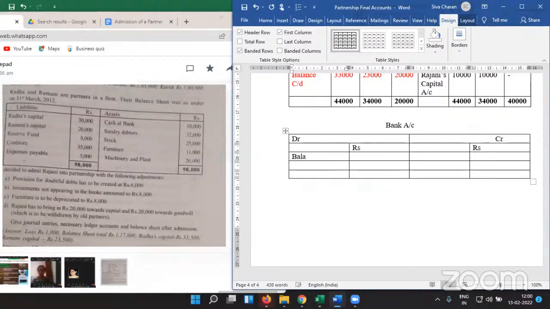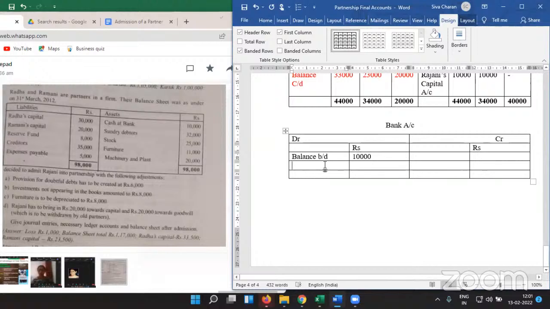From the question balance sheet, whatever balance under bank is given has to be taken. In the question balance sheet, cash at bank is given as how much? 10,000. So we take that from the question balance sheet and write it as balance brought down.